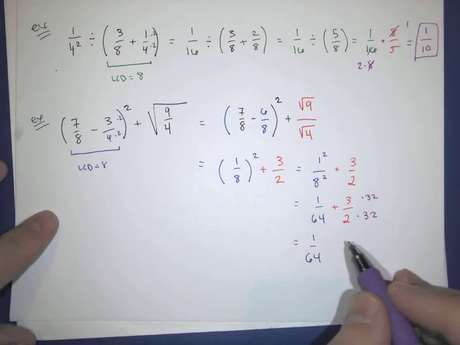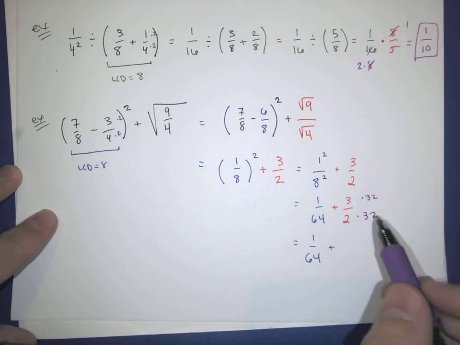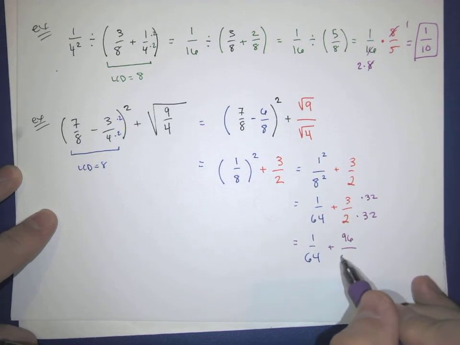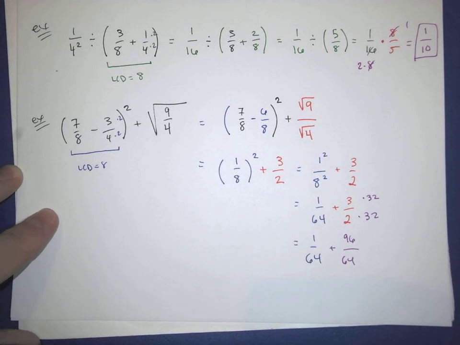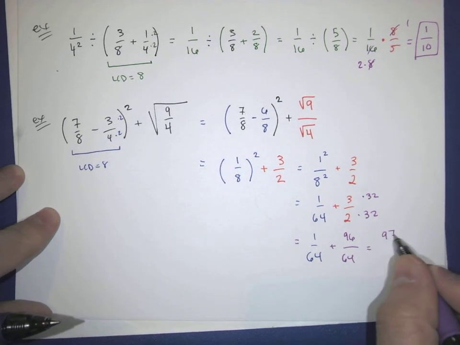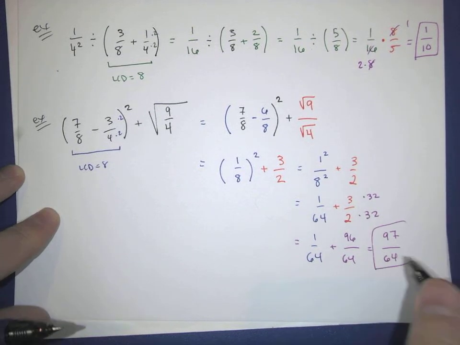We never said we were only going to work with 3s and 4s and 5s. 3 times 32, what are we going to get? 96 over 64. So then, 1 over 64 plus 96 over 64, 1 and 96. We're going to end up at 97 over 64.